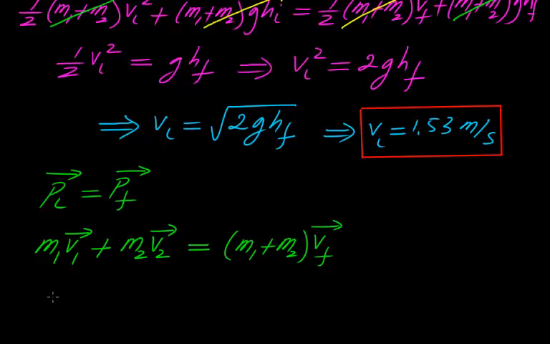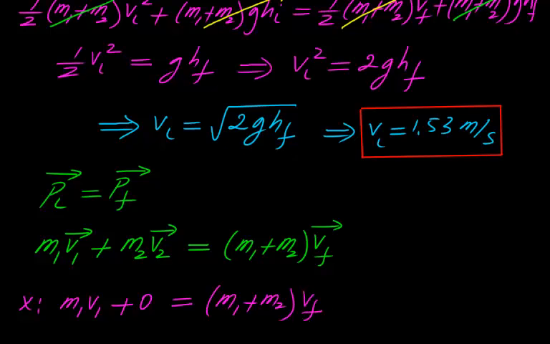Break this equation into components, and we have only an x component here. The m1 v1 is pointing towards the positive, which is the right direction. The m2 v2 is equal to 0 because the object is initially at rest. After the collision, the block-bullet system is going to move in the positive direction, therefore m1 plus m2 times v final.